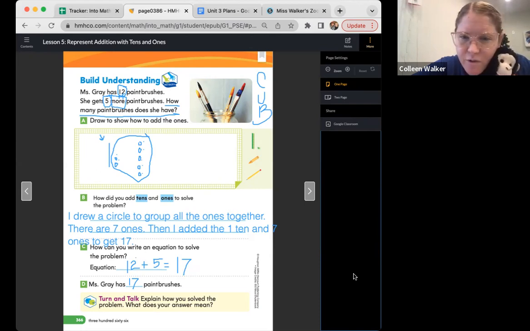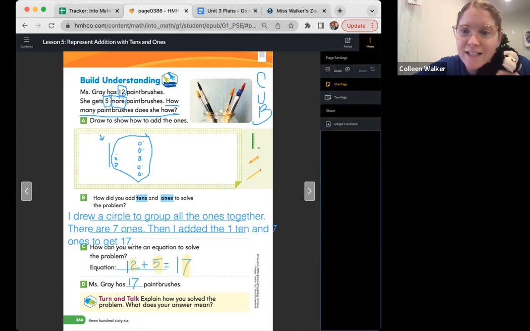Do you guys see? Let's go ahead and get a different color to make it super clear. So because he added the ones, the sum had more ones than he started with, right? So we started with 12, but then when we added the ones, we ended up with 7. So more ones than we started with.